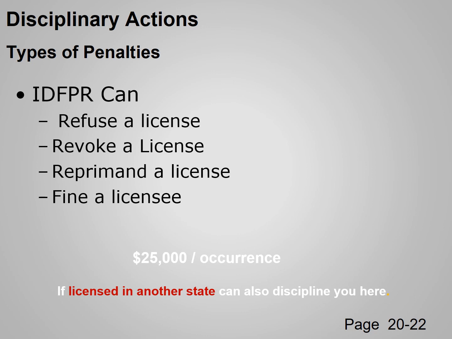Even if you're licensed in another state and you're licensed here too, they can discipline you here. So if you have an action against you in another state and you're licensed, you can also have that affect your Illinois license.